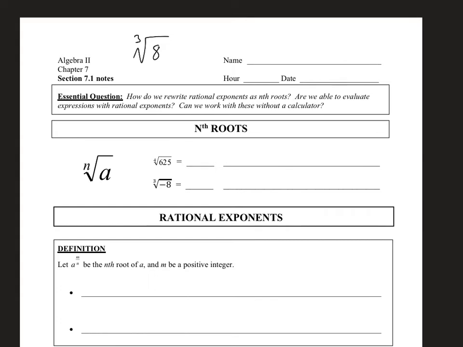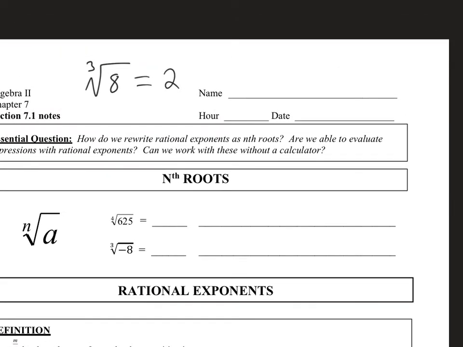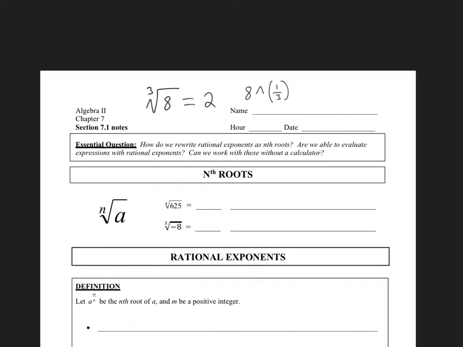What times itself 3 times is 8? Well, it's 2. But the way you do that on a calculator, there's kind of a shortcut. The way I tell students to do that is you take 8 to the power of 1 divided by 3. Okay? So a cube root is the same thing as the 1/3 power.